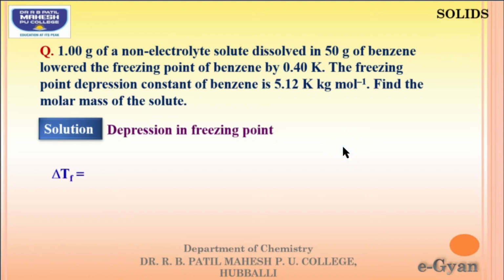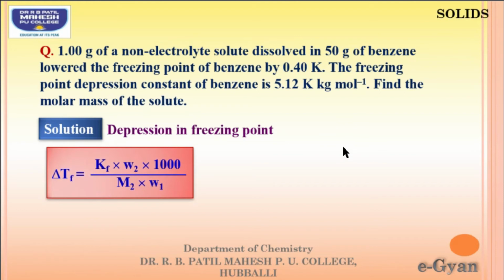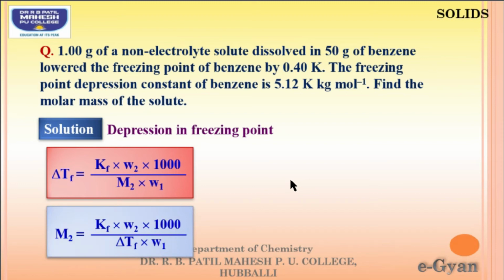Delta Tf is equal to Kf into W2 into 1000 divided by M2 into W1. What they have asked is the molar mass of the solute, so I am interested in M2. I will rearrange the equation: M2 is equal to Kf into W2 multiplied by 1000 divided by delta Tf into W1.